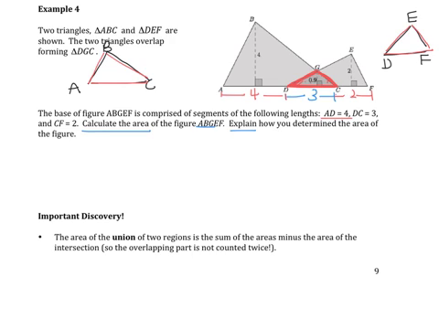So for the first one, the area of ABC, we know is 1/2 base times height. So the base is 7, that's 4 plus 3, and the height is 4. So that's 28 divided in half, which gives us 14.